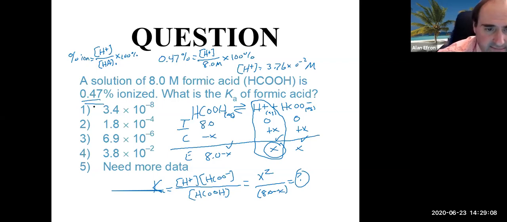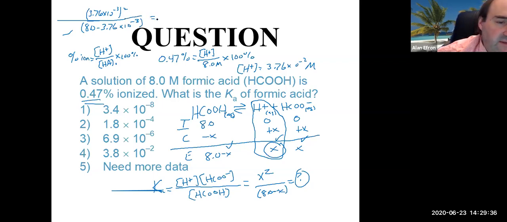And if we do that, we're going to take X squared, which is 3.76 times 10 to the minus 3 squared, divided by 8 minus 3.76 times 10 to the minus 3.